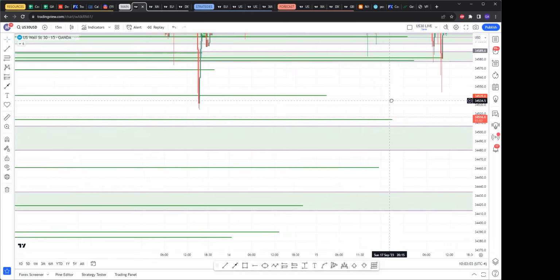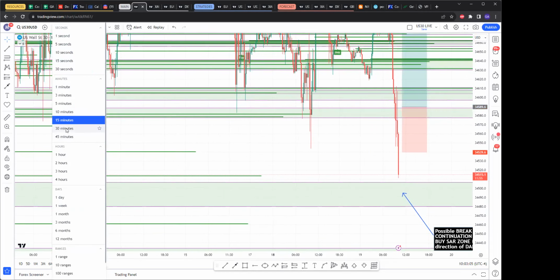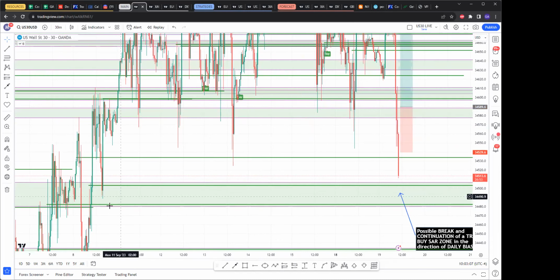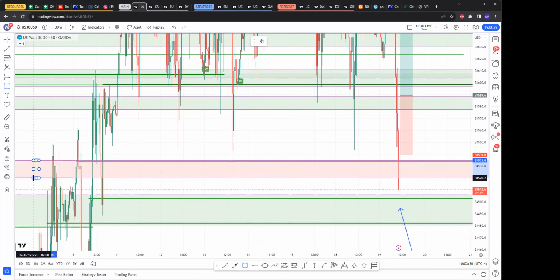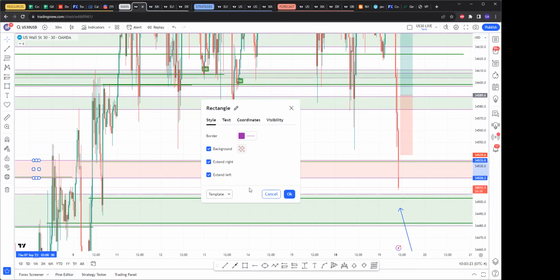Nope. So this was probably on the 30-minute time frame. If I go on the 30-minute time frame, you'll see the zones. Actually, we just created some more zones. 533, 520. That's 13 pips. So this is also a double SAR right here. On the 30-minute time frame, change this to green.